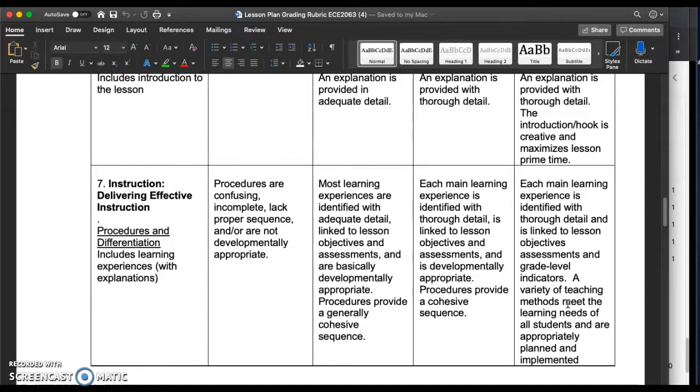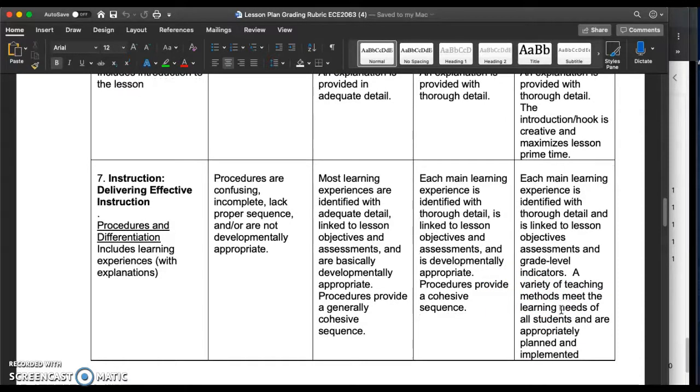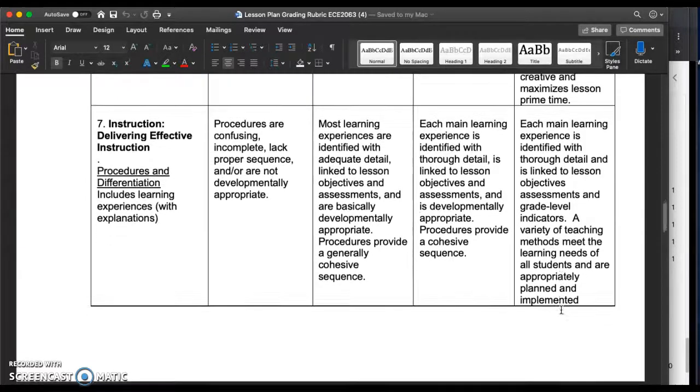Make sure that you have a variety of teaching methods to meet the needs of your learners. You're going to have learners who are very high achieving, who are going to become bored with easy activities. And then you're going to have students who are at risk, who are really struggling. But you're going to have to provide opportunities for that whole spectrum in your classroom. So make sure that's evident in your plan.